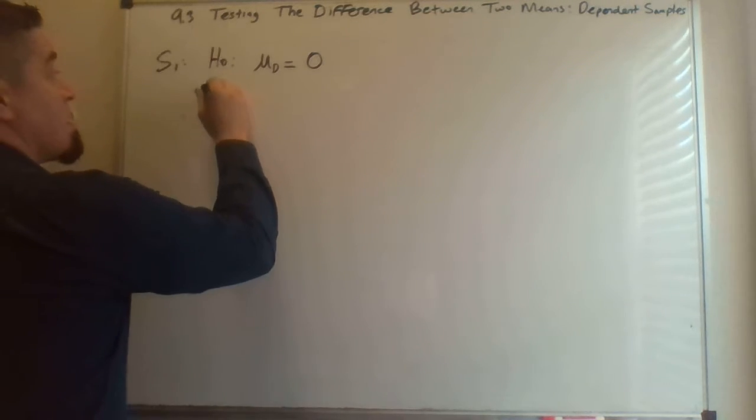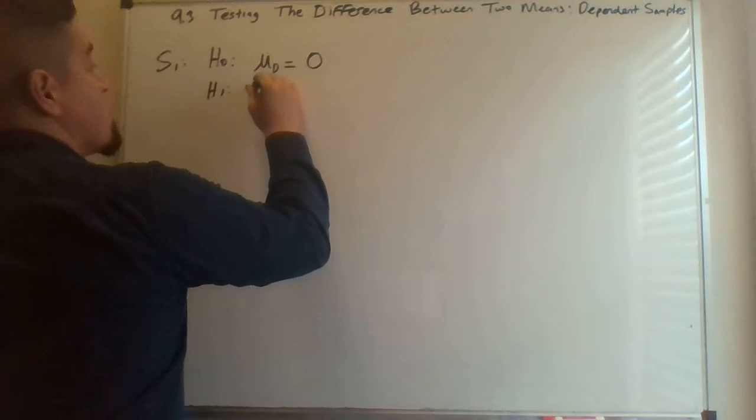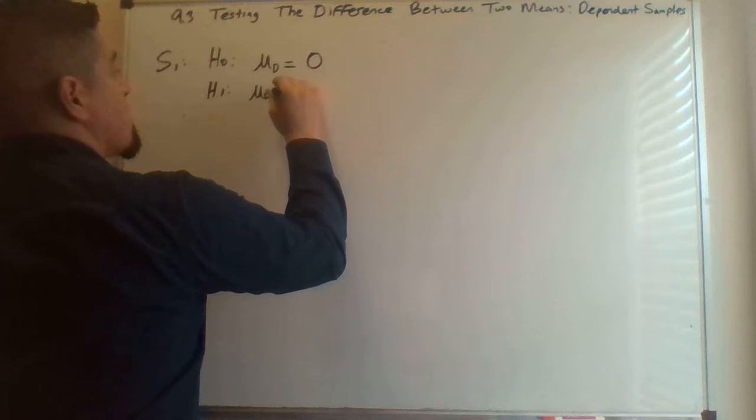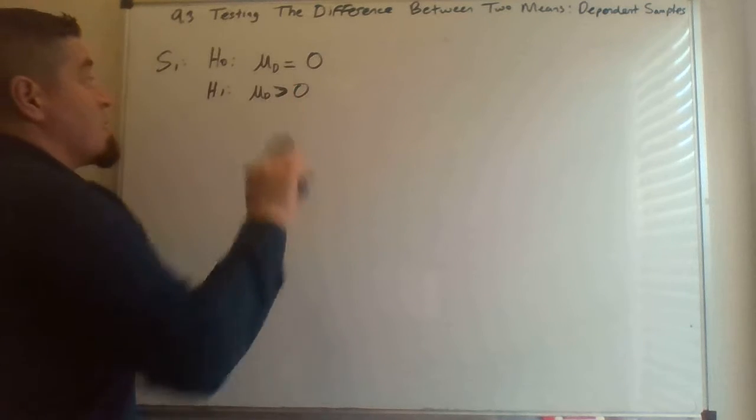Our alternative, well, depending on the question, is that we might want to define 3 years ago as our first mean and then today as our second mean, but it says that the bank is greater today than it was 3 years ago, so that the mean difference is greater than 0. Okay, so this would be our alternative hypothesis.